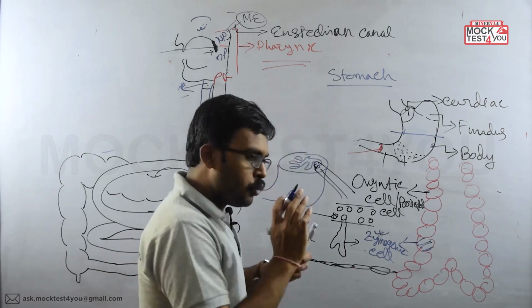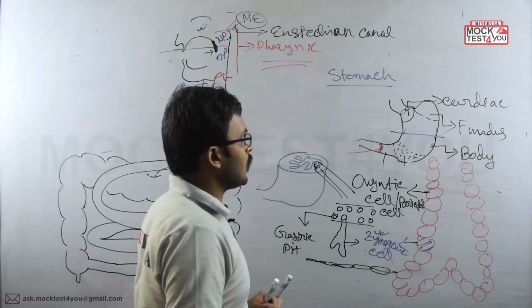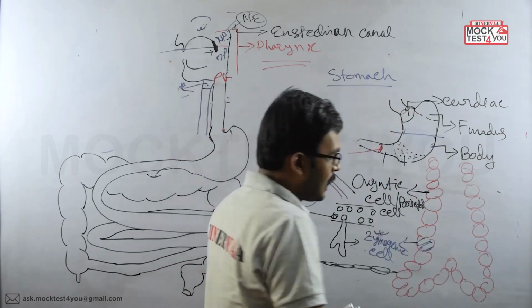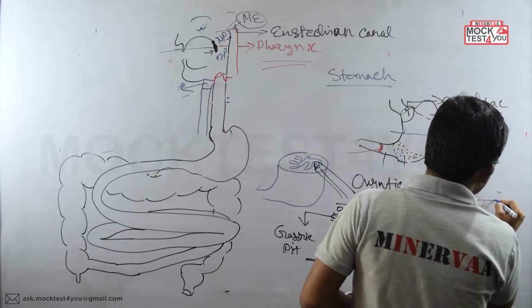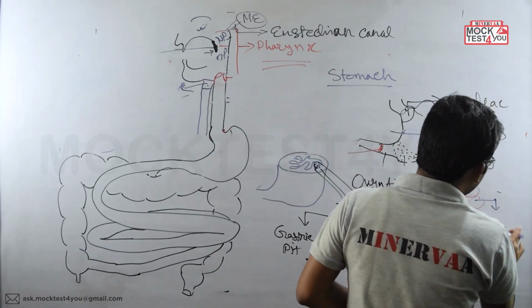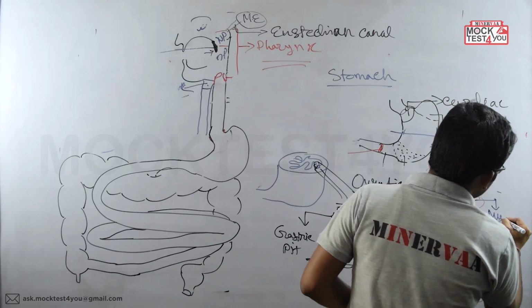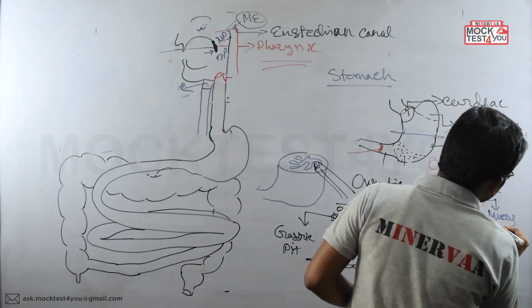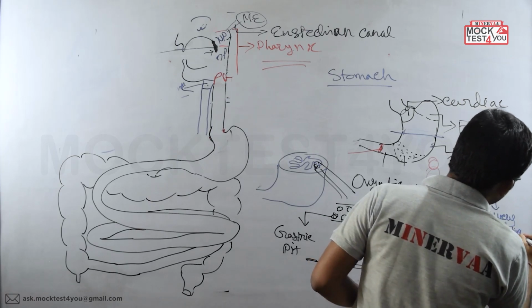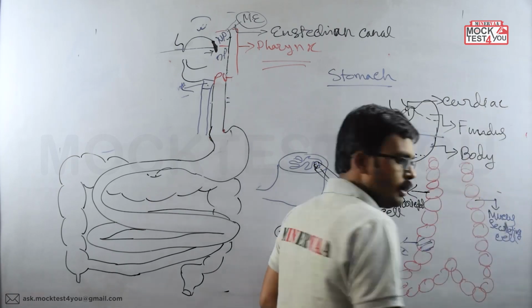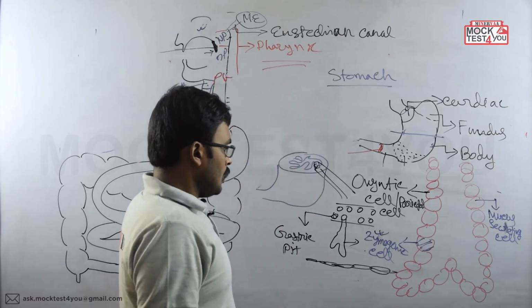After this, we have one more type of cell which is present throughout the gastric gland wall, and that is known as the mucosal cell, or mucus secreting cell, which secretes mucus, clear?